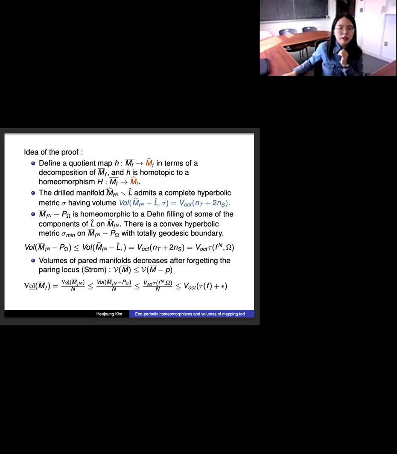So we are thinking about this new model manifold, and we compute the volume of this model manifold. Okay. And here the link L is the image of a union of finitely many circles by an embedding. So just a union of circles.